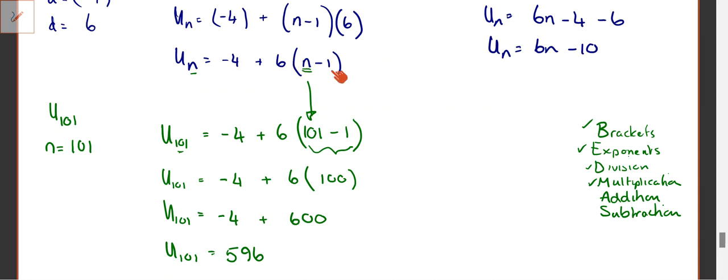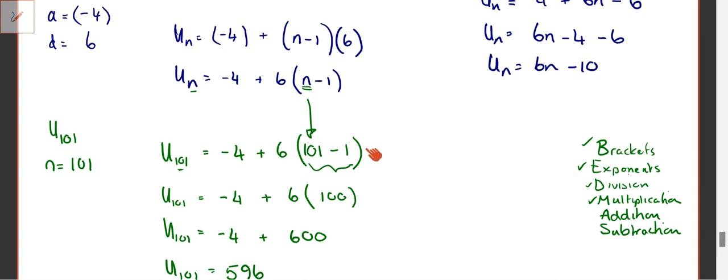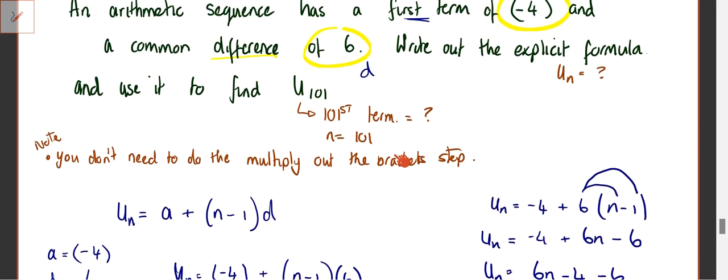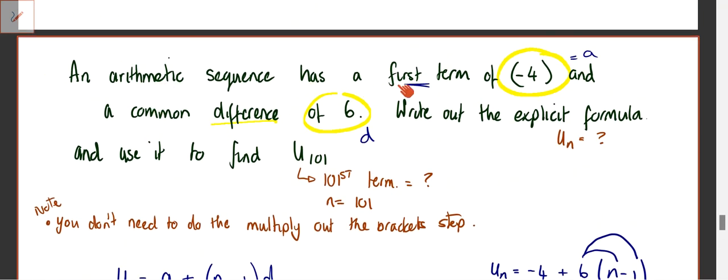What was the other method that you might be happier with? What we did before, yeah. So remember, I take you back to the question. It says an arithmetic sequence has a first term of -4 and a common difference of 6.